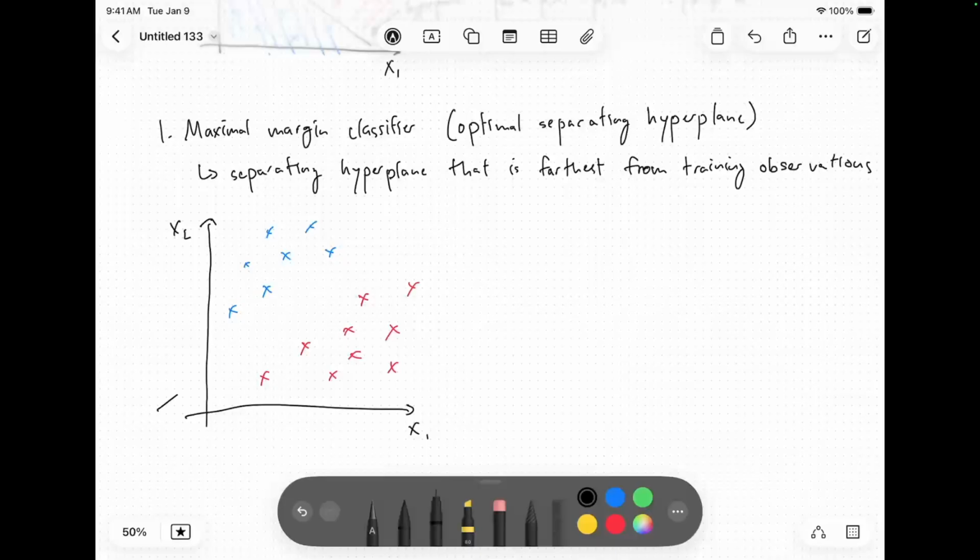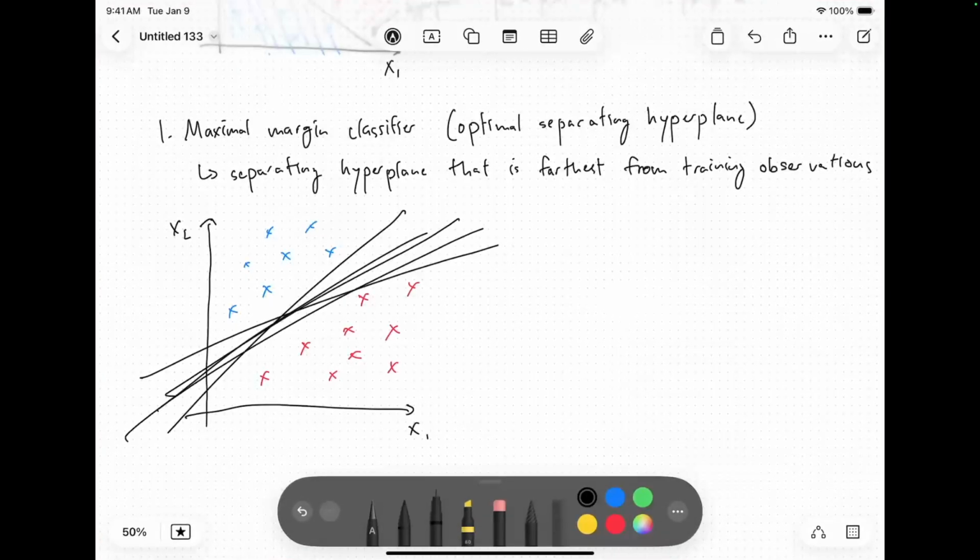Is this a valid hyperplane? Yeah. How about this? How about this? And so on and so forth. I can infinitesimally change the angle a little bit and still maintain a valid separator between our two groups. So technically speaking, there is an infinite number of separating hyperplanes.